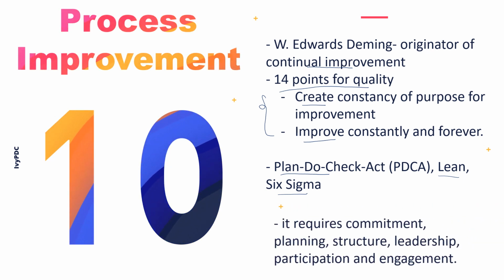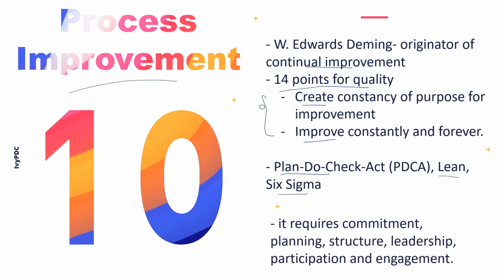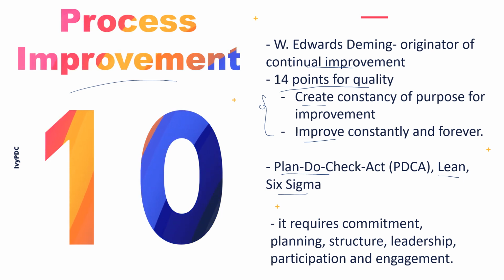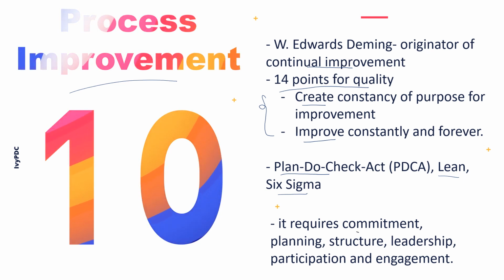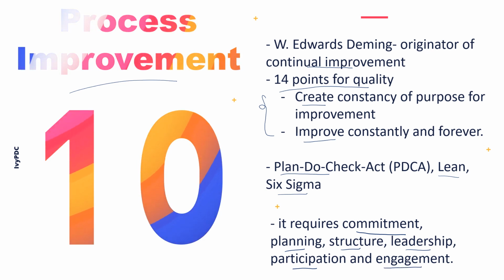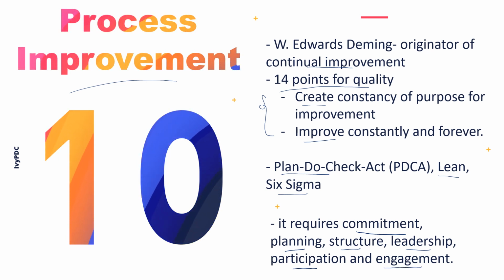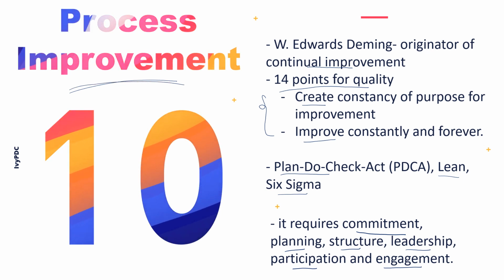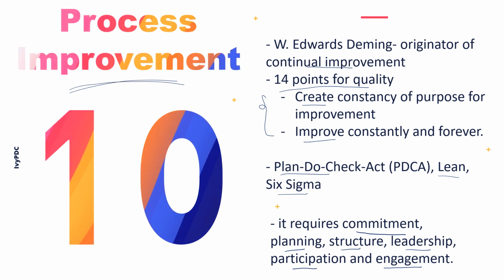So in a nutshell, process improvement is something that is never finished, but rather it is something that continues on and on and on. It goes on forever, and it requires the commitment of everybody, careful planning, structure, good leadership, active participation, and engagement of everyone so that the process improvement can be a success.